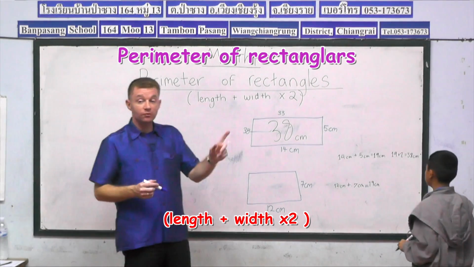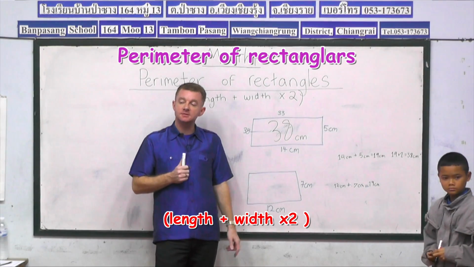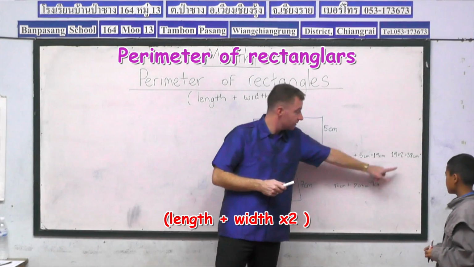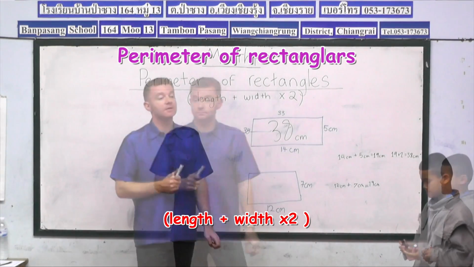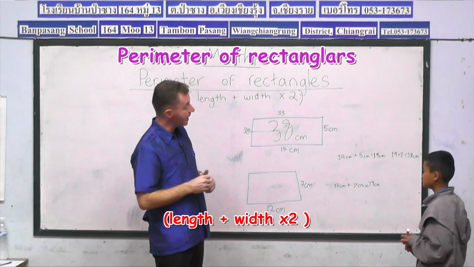Okay, so now we've got the answer to the length plus the width. But what do we need to do next, guys? Times it by 2. So 19 times by 2. 38 again. So you can work out to 19 times 2.